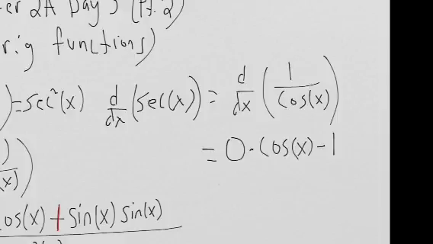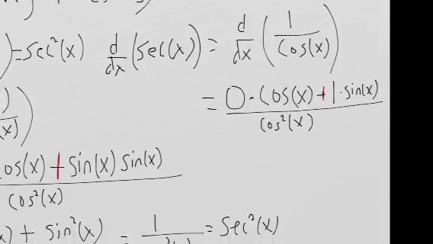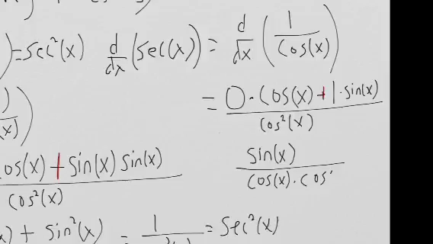So again, instead of writing negative sine, I'm just going to put a plus sign right there, and then we'll say sine. Okay, then square the low, we get cosine squared. Alright, so let's simplify. We just get sine on top, and then instead of writing cosine squared, I'm going to write cosine times cosine.